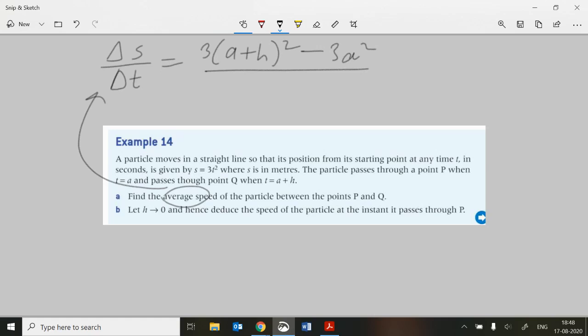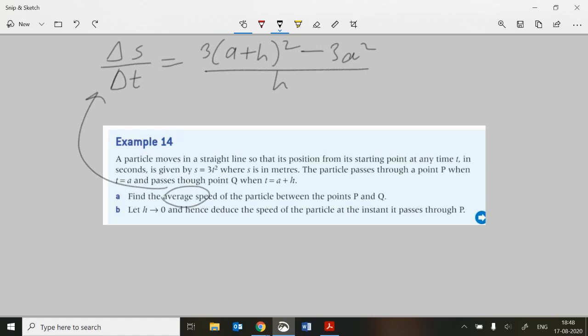A is a particular time. And then the change in time is just h, the difference between a and a plus h. So no limit in this case. This is just an average speed between those 2 time periods.